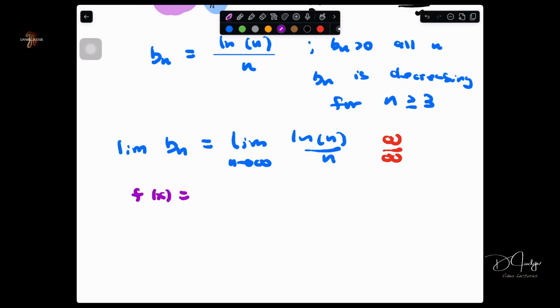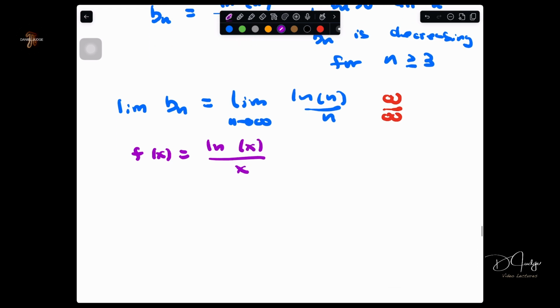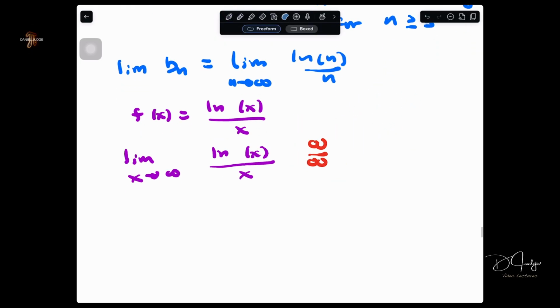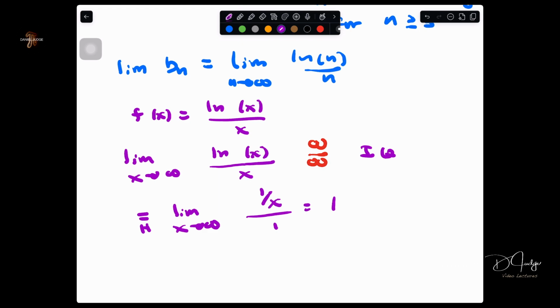If we look at the function now, natural log x over x, and we look at the limit now, as x goes to infinity, natural log x over x, we still get that indeterminate quotient here. So because it's an indeterminate quotient, IQ for indeterminate quotient, we're going to use L'Hopital's rule. And now that means we get the limit as x goes to infinity of 1 over x over 1, which really is the limit of 1 over x as x goes to infinity, and then we get 0 here.